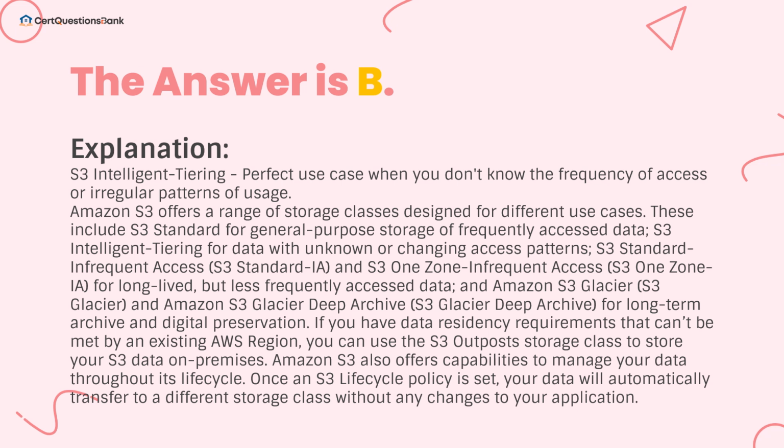If you have data residency requirements that can't be met by an existing AWS region, you can use the S3 Outposts storage class to store your S3 data on premises.